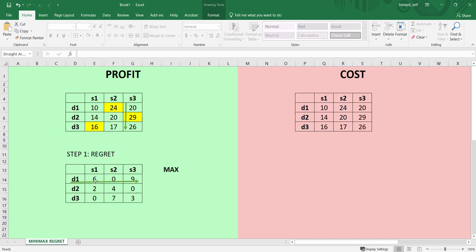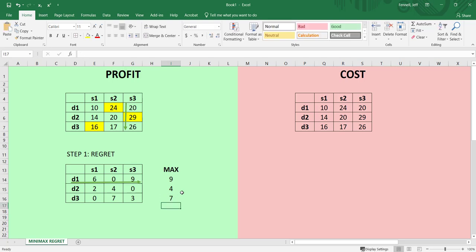So now we're doing it for the decision alternatives. This was the only method where we started column by column, but now we go row by row, and we see the maximum regret for D1 here is 9 units. The maximum value for D2 is 4 units. The maximum value for D3 is 7 units.